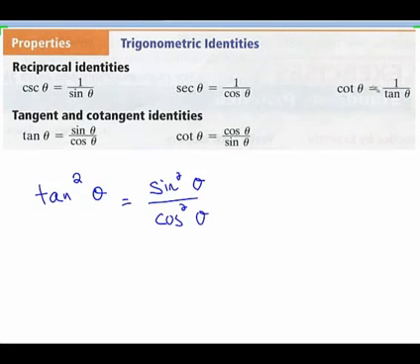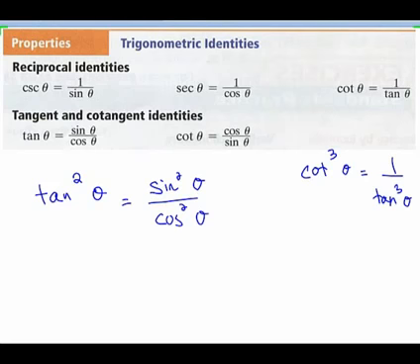So let's say, for example, cotangent cubed theta. This is equivalent to 1 over tangent cubed theta, okay? So for these trig identities, it's okay for you to do that, all right? And you'll understand what I mean when we start verifying identities, all right?